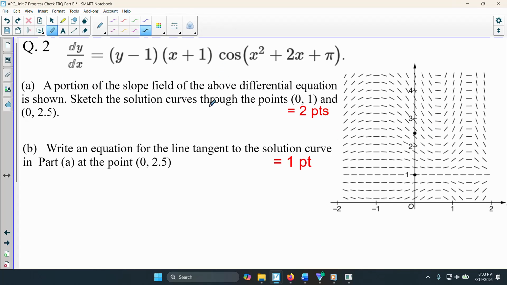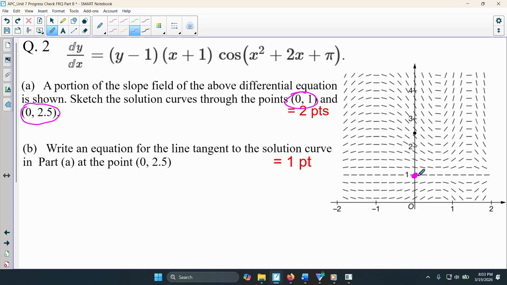Sketch the solution curve. So you go through these points. They give you 2 points, one here and one here. So let's do the first one. Where is (0, 1)? It's right here. For the solution curve going through the slope field, the slopes will guide you.